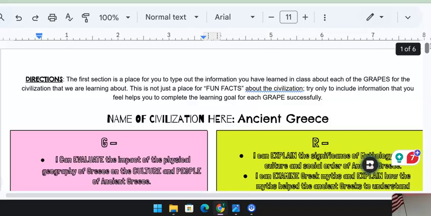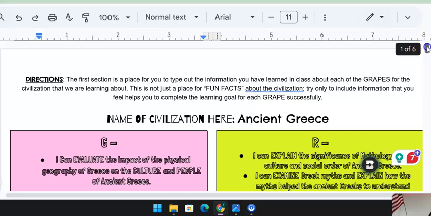So if our learning goal is to evaluate the impact of the physical geography of Greece on the culture and the people, we should think through everything that we have learned from our readings, from the videos that we've watched, from the notes that we've done, from the Quizlet decks that we've done. We want to think about what we know about the geography of Greece and how that affected the people and the culture.